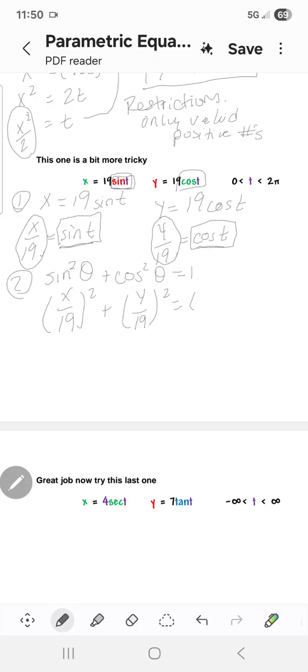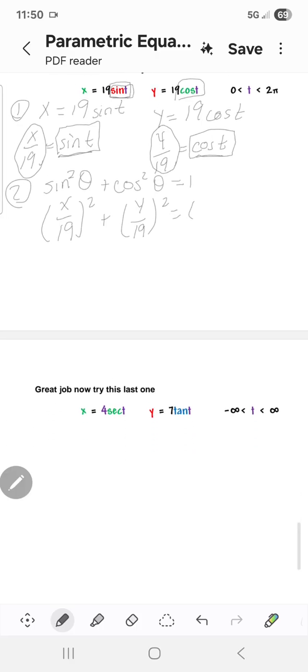If you remember properties of radicals, a over b quantity squared is just a squared over b squared. So I get to square top and bottom. So I got x squared over 19 squared, and then y squared over 19 squared. Let's go ahead and move the 361.